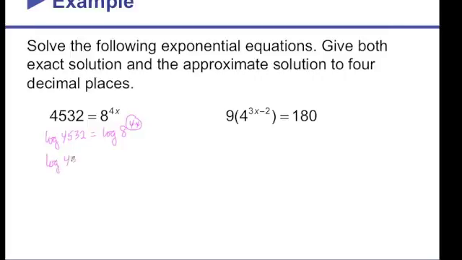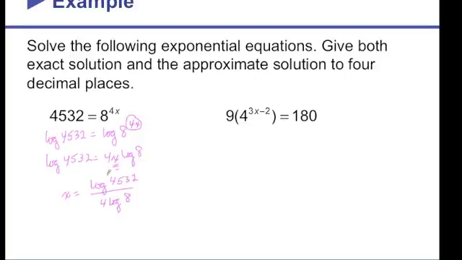Log of 4,532 equals 4x times the log of 8. And now I have my x here. And 4 and log 8 are multiplied by the x, so the x can turn out equaling the log of 4,532 divided by 4 times the log of 8.